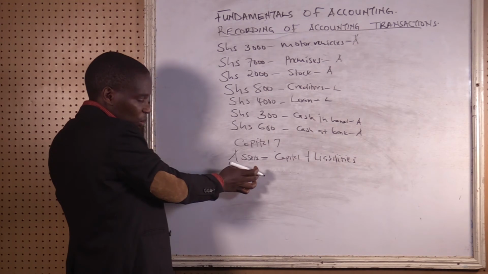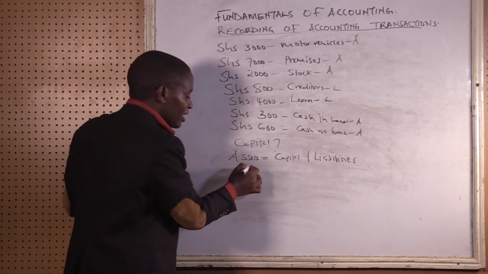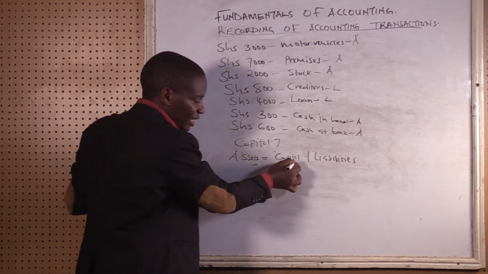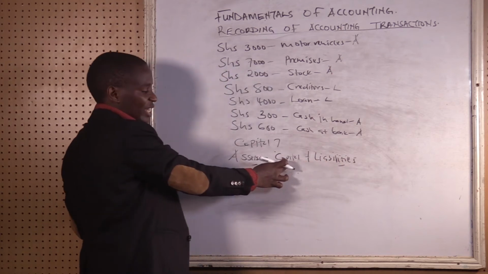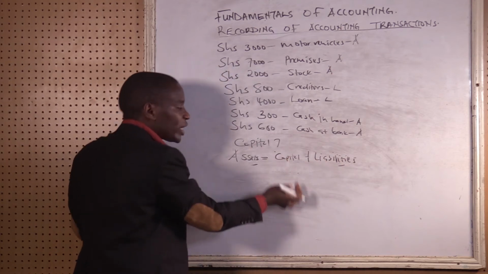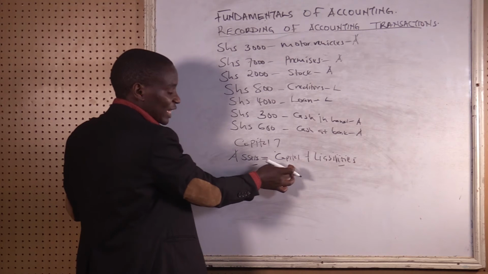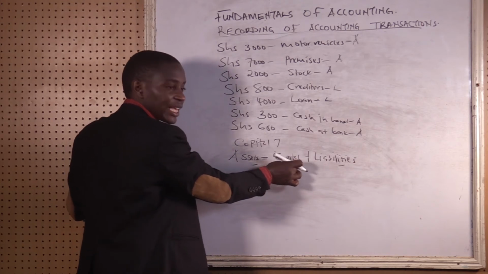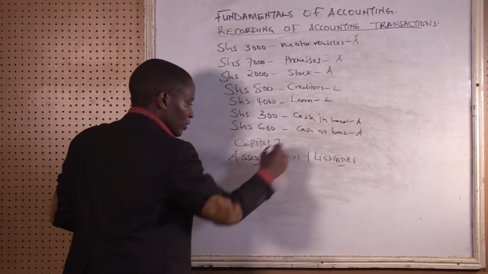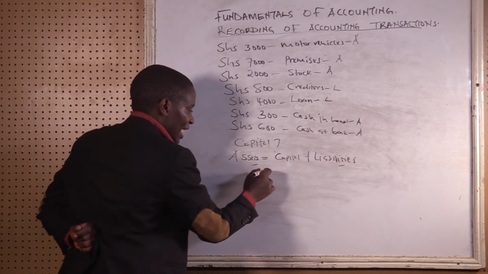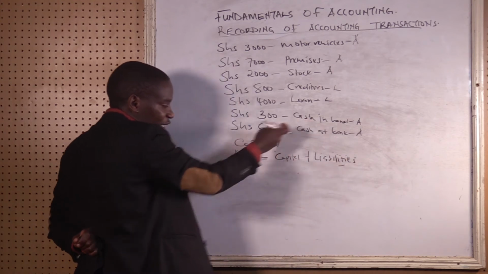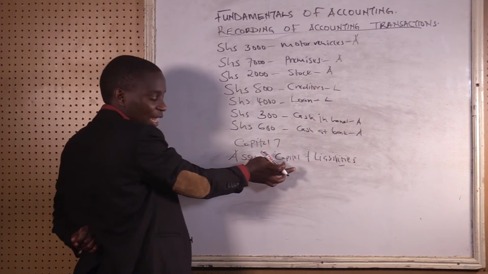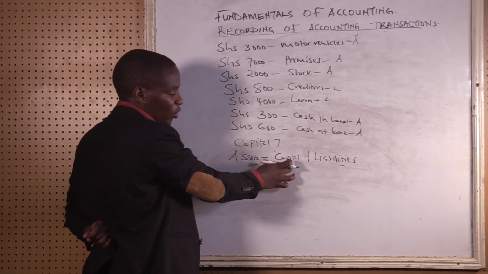So for us, we have been given the assets, we have been given the liabilities. What we don't have is capital. So we can write our equation so that it can give us the capital. What shall we do? We shall take these liabilities to this side so that we can be left with the capital on one side.